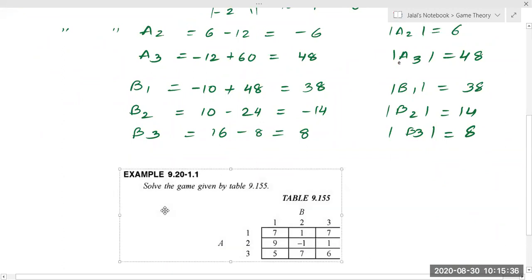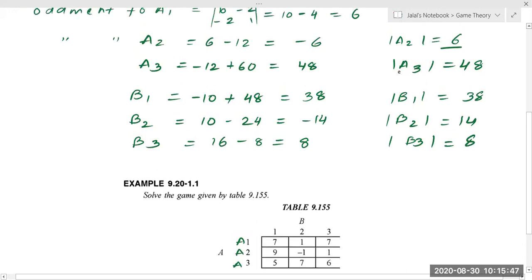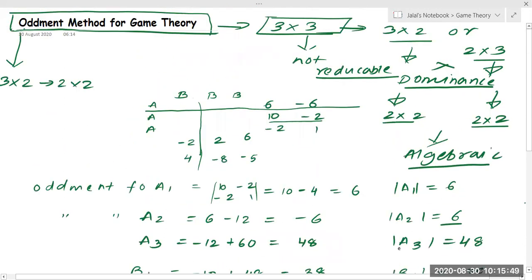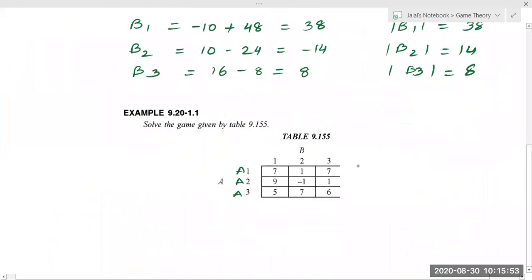See, A1, A2, A3. Oddment of A1 is positive 6, so we will write here 6, 6, 48. And for B, we will write here 38, correct? Then it is 14 and then it is 8, correct?